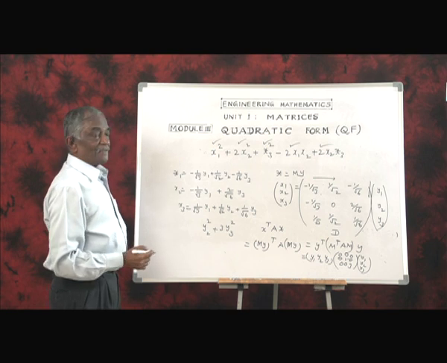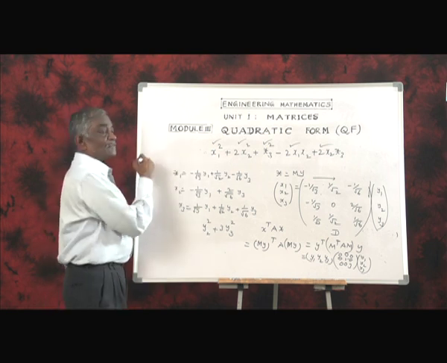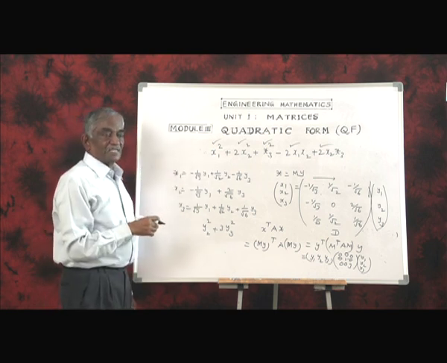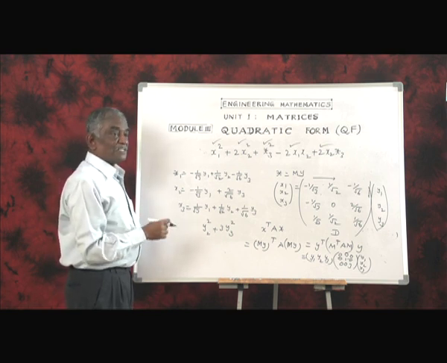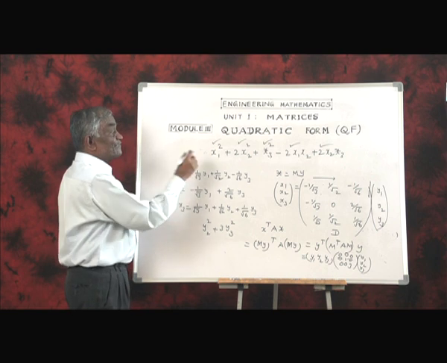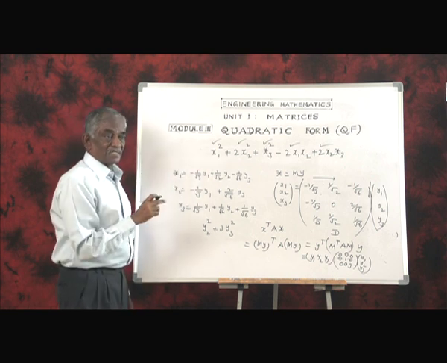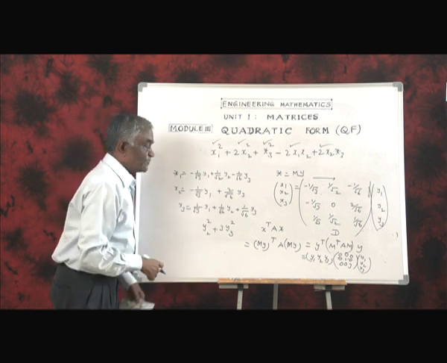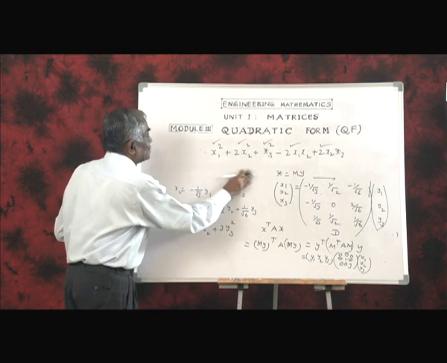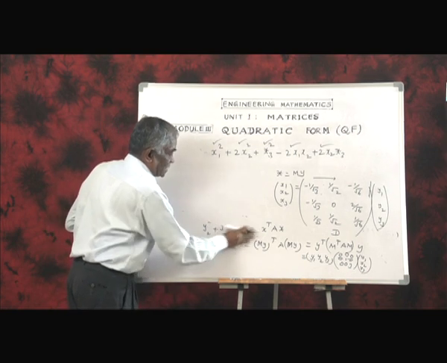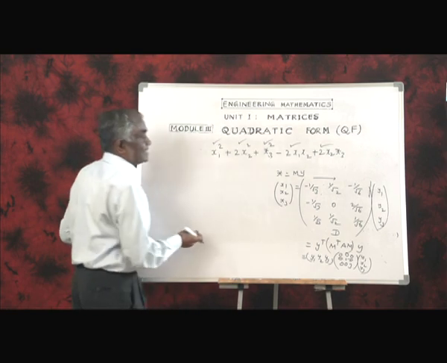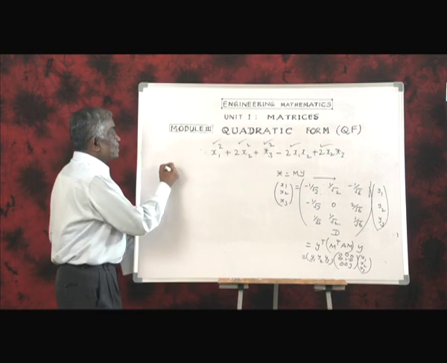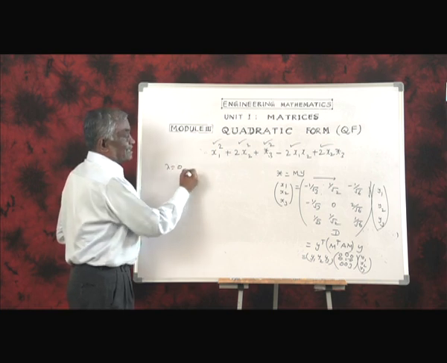Now, one more question they will ask. Since one of the eigenvalues is 0 and all other eigenvalues are positive, we concluded it is positive semi-definite. That means for at least one set of values of x1, x2, x3, the form should give 0. Therefore, they will ask the question: give a set of values of x1, x2, x3 which will give the value 0. For that, the easy answer is, corresponding to lambda equal to 0, what is the eigenvector we got?